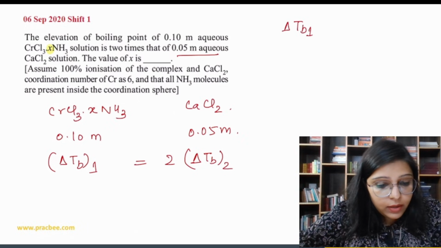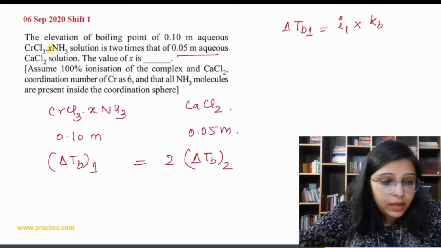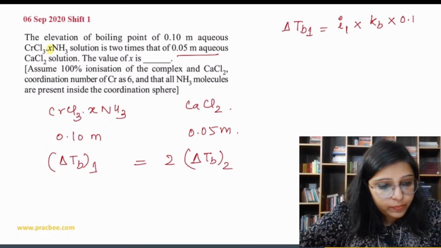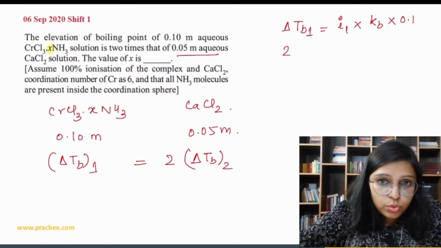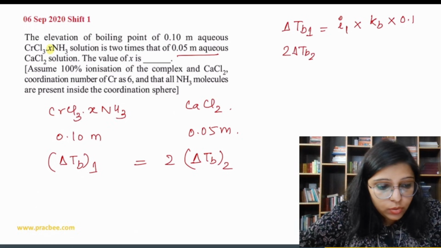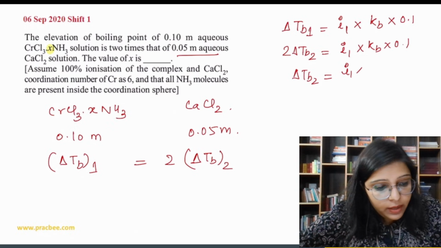Delta TB1 is equal to I1 into KB into molality 0.1. Delta TB1 I can write as 2 delta TB2 is equal to I1 into KB into 0.1. So delta TB2 is equal to I1 into KB into 0.05.